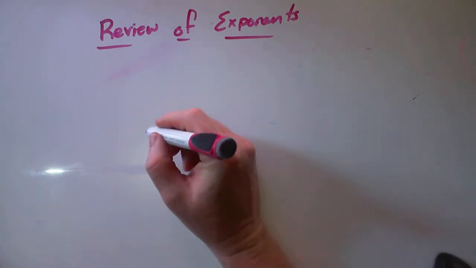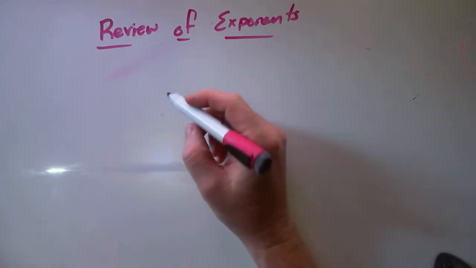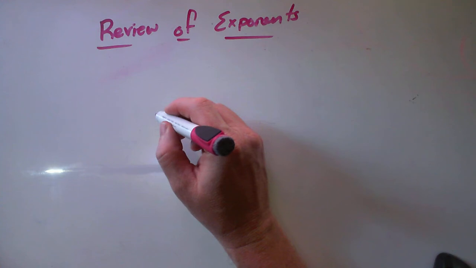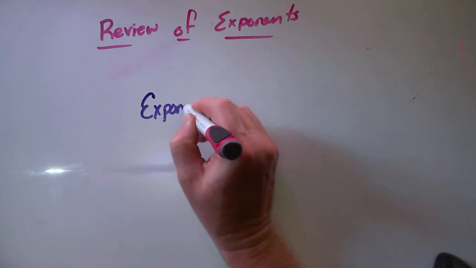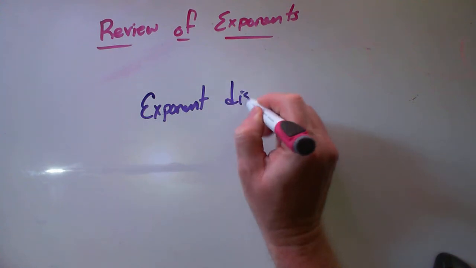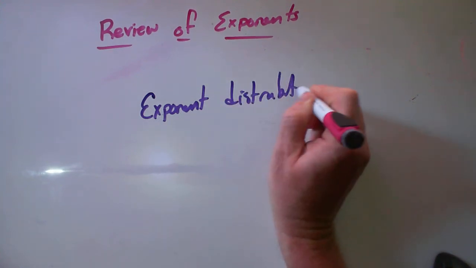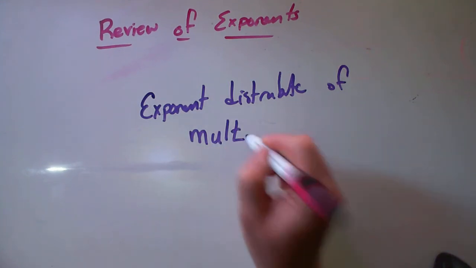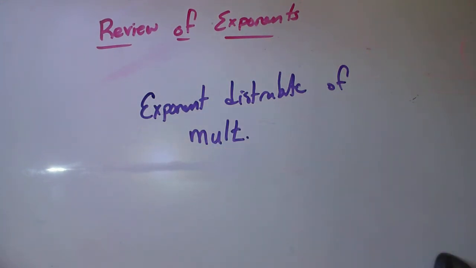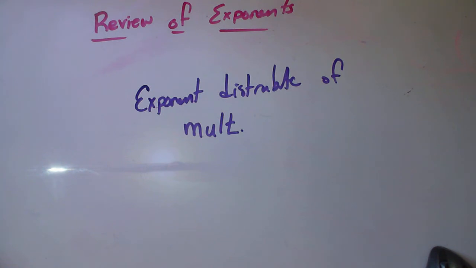Our last rule is the distributive rule, and exponents distribute over multiplication in much the same way that multiplication distributes over addition.